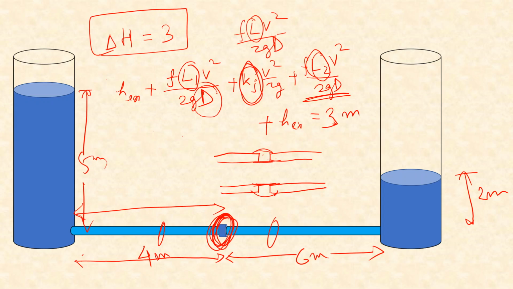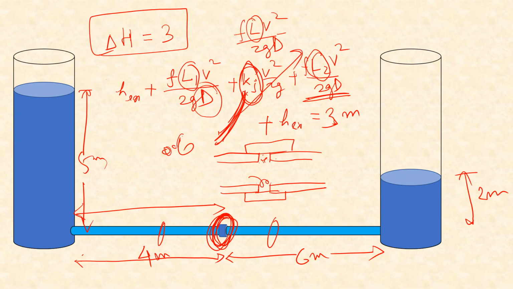The outside doesn't matter. So if the inside is very smooth, then this coefficient of loss in joint will be very close to 0. That means we can ignore this term. But if it is not so smooth, that means if you join with a socket, threaded socket, in that case the turbulence will be here and it will be having some positive value, let's say 0.5 or 0.6 for this example.